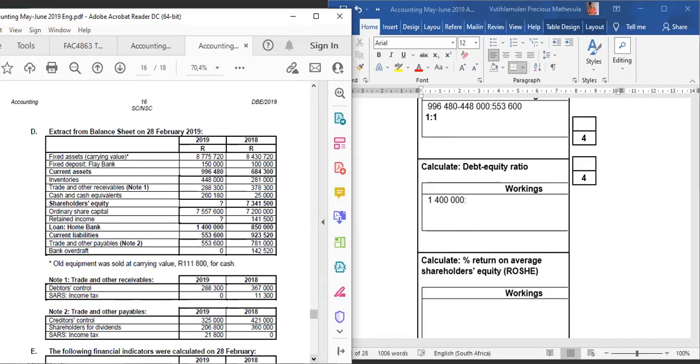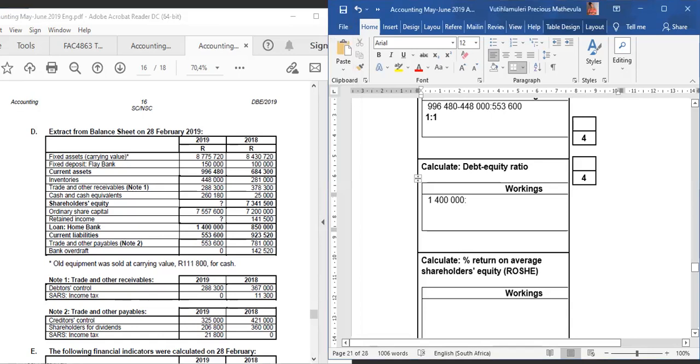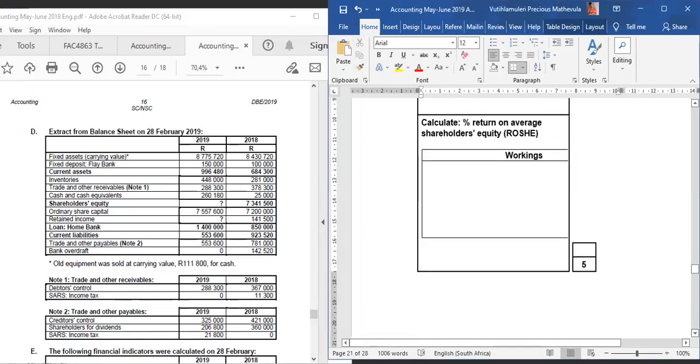But to calculate this, you take 1,500,000 and whatever amount was in retained income and put it here, and then you would get the ratio. So calculations are really simple. Then, return on average shareholders' equity will also need the retained income. Please note that they said average shareholders' equity.